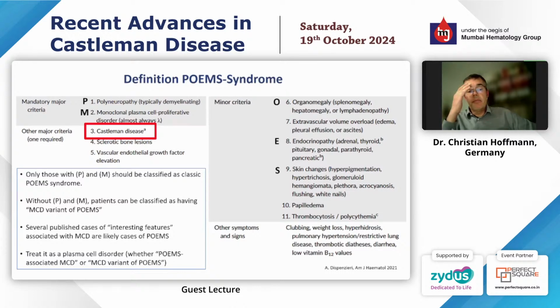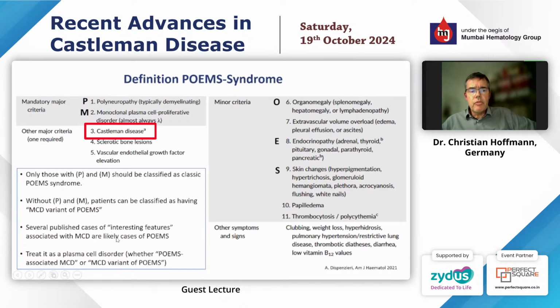And I've seen several case report papers where it became obvious that these cases were POEMS syndrome and that the authors hadn't made the correct diagnosis. I had several papers where I said this case should not be published at all because obviously the authors had made a mistake.